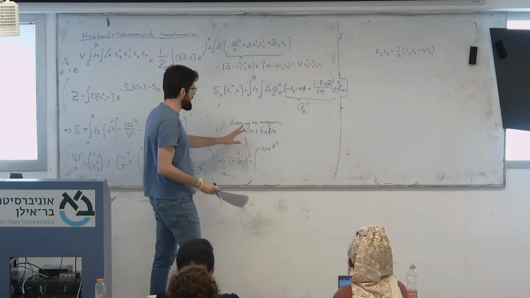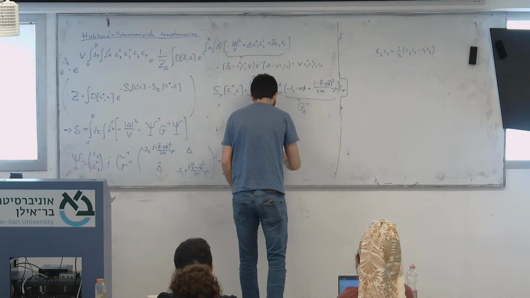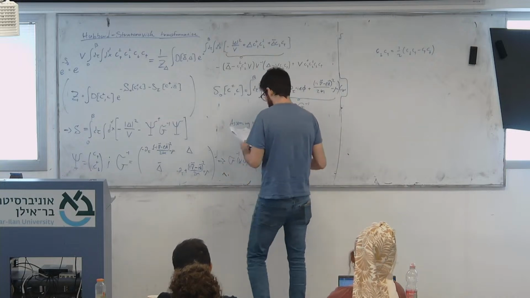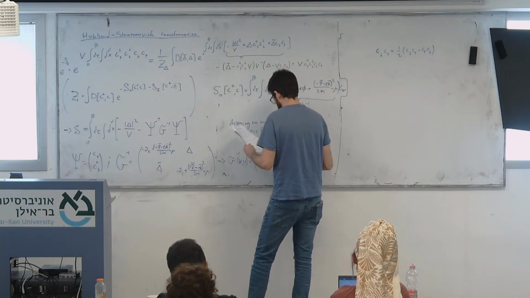If there are no magnetic or electric fields, then it's useful to do this Fourier transform, and then everything becomes much simpler. This is actually all we're going to use today.